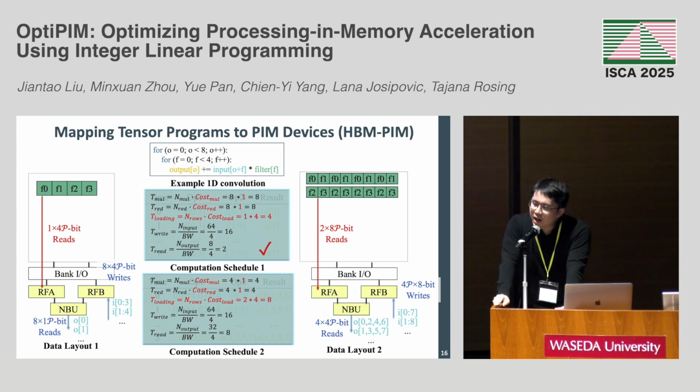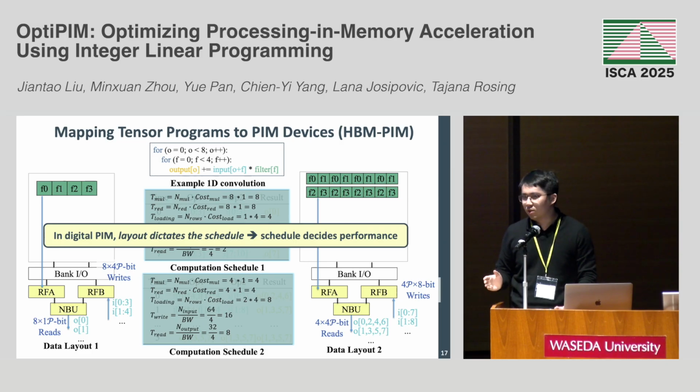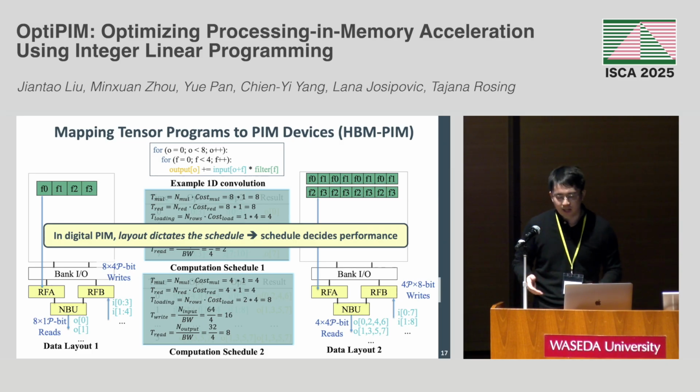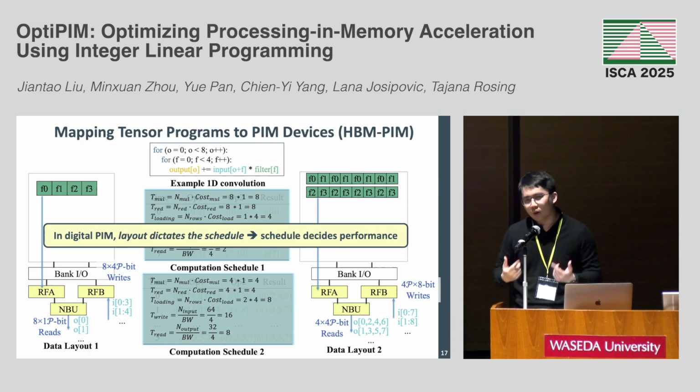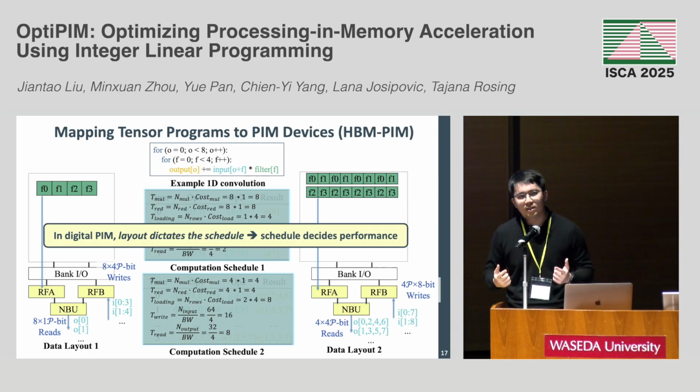Then, what are the high-level takeaways from this seemingly complicated motivating example? Well, there are two. First, in digital PIM, data layout is actually a first-class design decision. It dictates the schedule and in turn determines the final performance. And secondly, we're facing complicated trade-offs between architecture and workload-specific details. This breaks down the first question we asked, how to map the tensor programs, into two sub-problems.